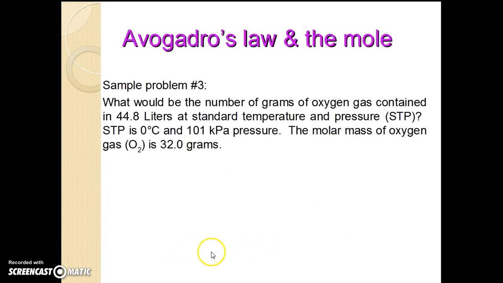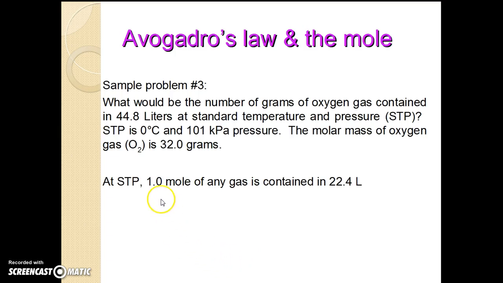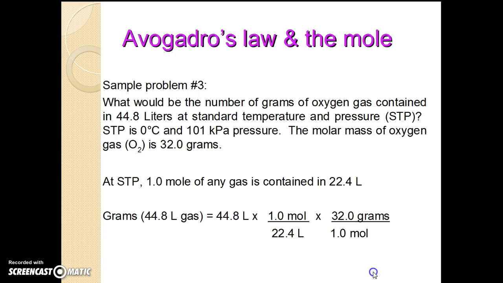Another problem, what would be the number of grams of oxygen contained in 44.8 liters at standard temperature and pressure if the molar mass of oxygen is 32 grams? This is one more step. Again, 1 mole is contained in 22.4 liters of gas at STP. So the grams of oxygen in 44.8 liters is equal to that 44.8 liters. Now we have to, as we've said elsewhere, go into the mole hole.